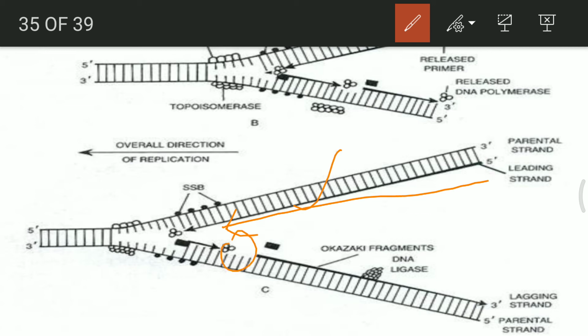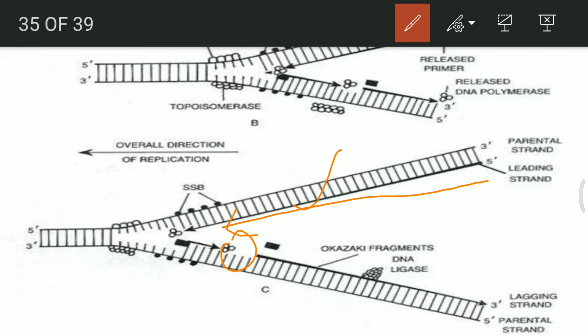These gaps are resealed with the help of ligase and DNA polymerase. Once these strands are formed, the gaps are filled, known as the Okazaki fragments.